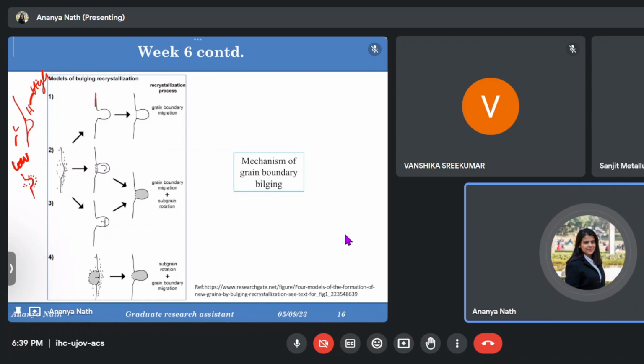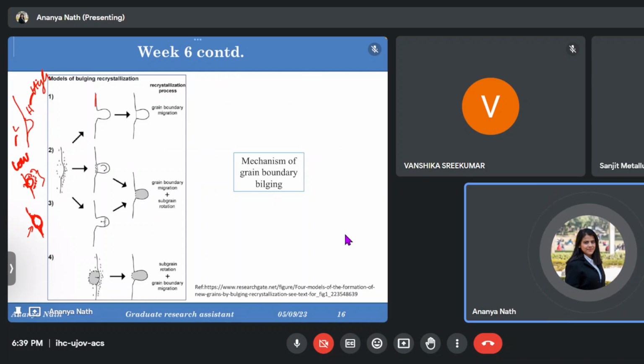The dislocations present in this portion will move, will rotate, and will arrange themselves here, and if that continues, it will form a new grain which is smaller in size. Obviously the new grain formation started with a bulging of a small portion. So this is what has been shown in this picture.